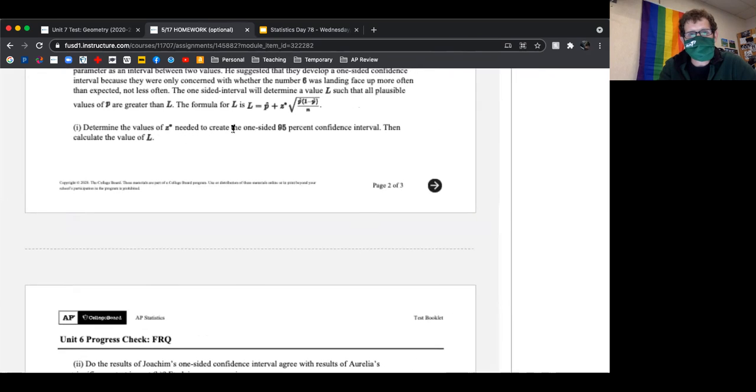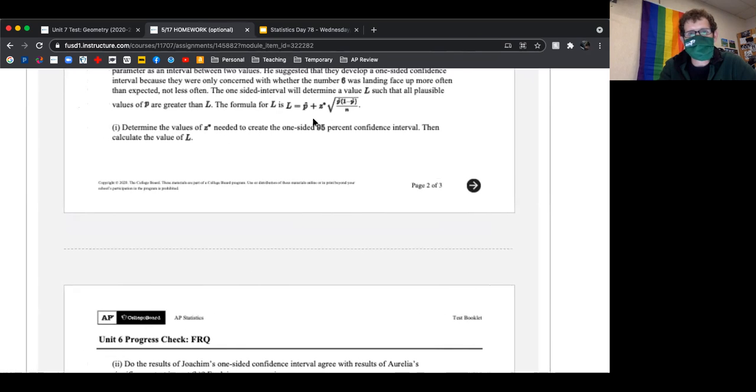What values of Z star will give us the one-sided 95% confidence interval? My understanding is that we want the confidence interval that says we can go from here to here, essentially. I'm not sure exactly where it would cut off, but we want 95% of our values to fall in between those two, and the 5% that we reject are going to be down here.